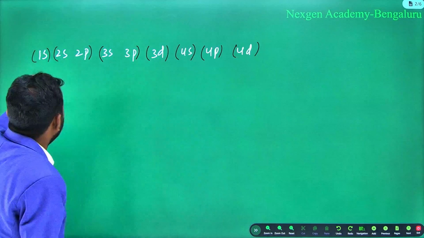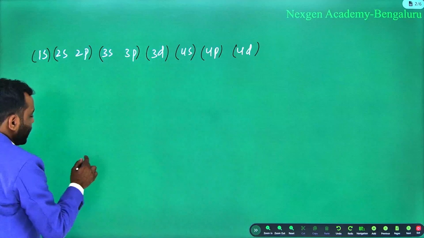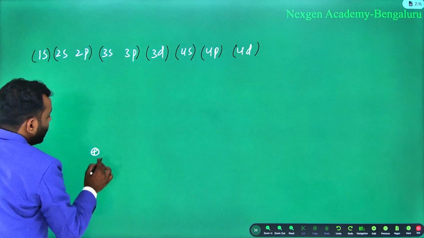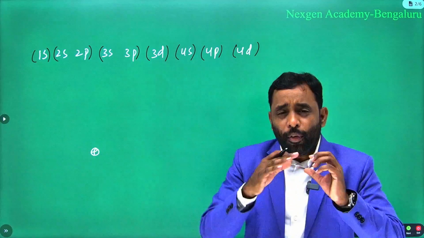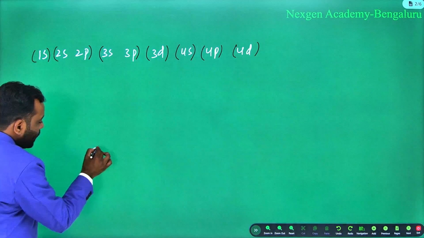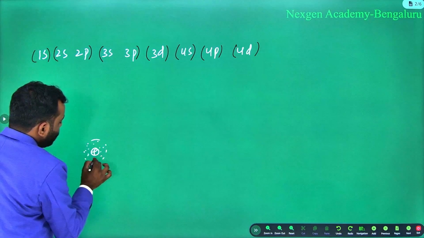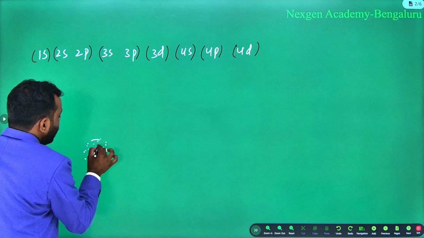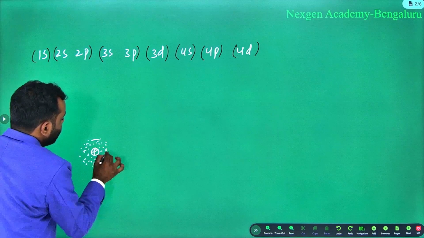Why we have separated like this is simple. Try to understand one particular concept. For example, the s electron. What is the orientation of the s electron? How is the s electron oriented around the nucleus? See, the s electron probability is close to the nucleus, right? In a circular area, the s electron is available.